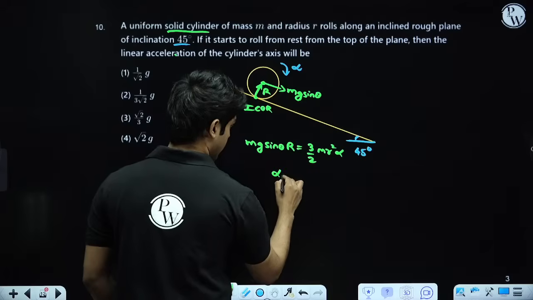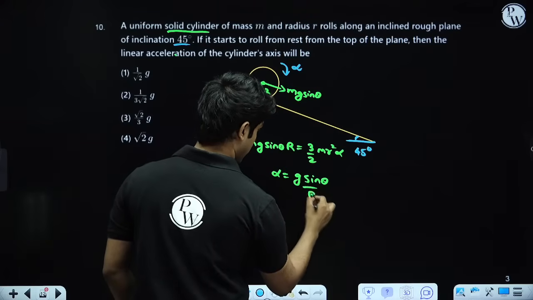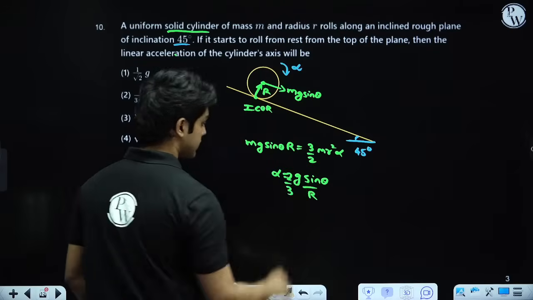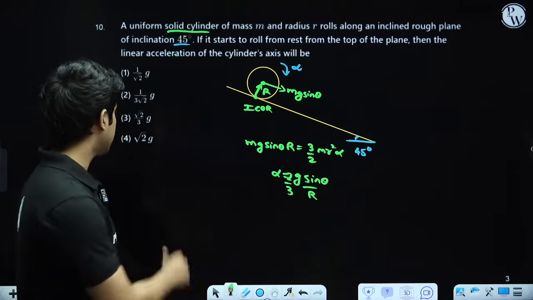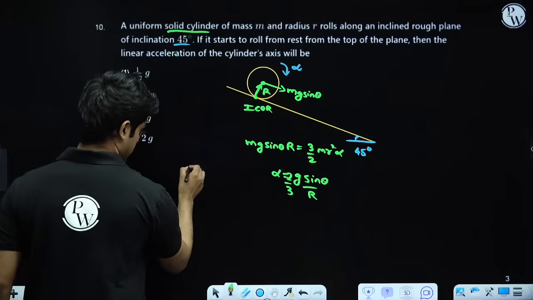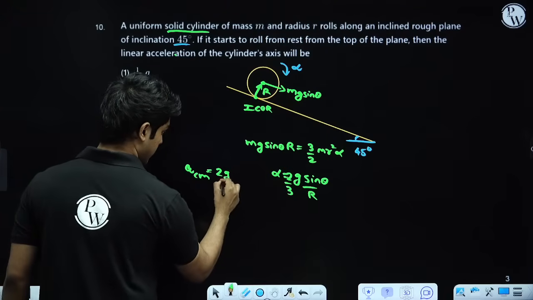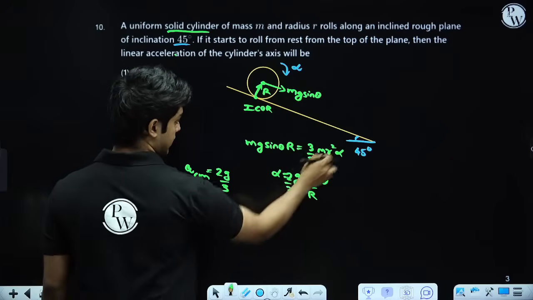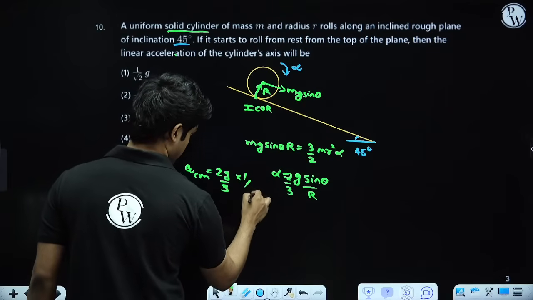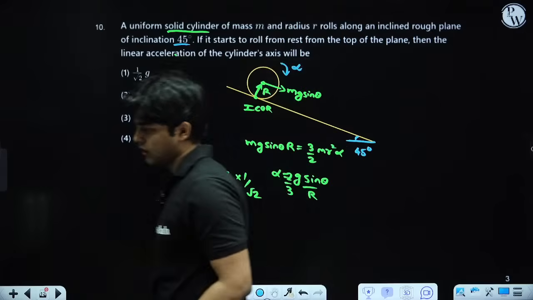So from here alpha will come out to be 2 by 3 g sin theta by r, and r alpha will give us the acceleration of the center of mass, right? ACM is simply going to be r alpha, which is 2g by 3 times sin theta, which is 1 by root 2. So root 2 divided by 3 g, option 3 will be the answer, okay?